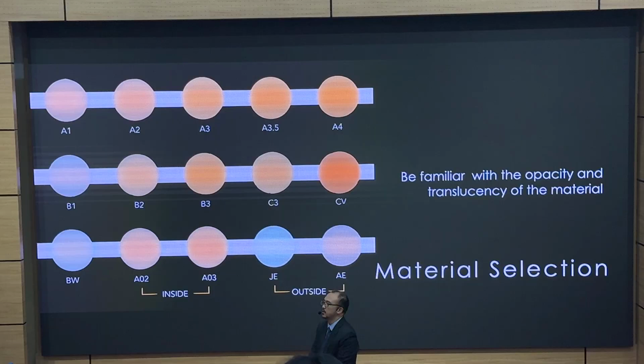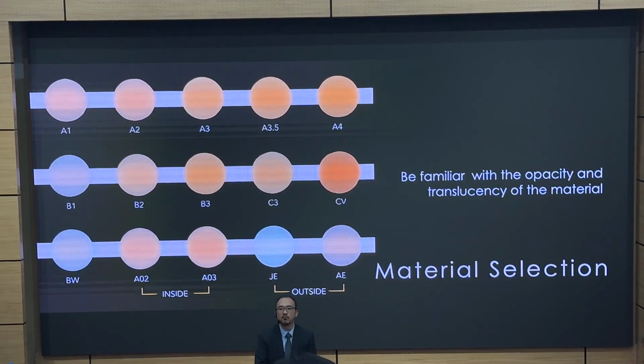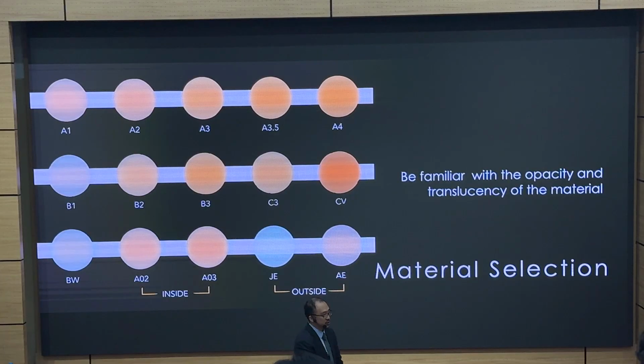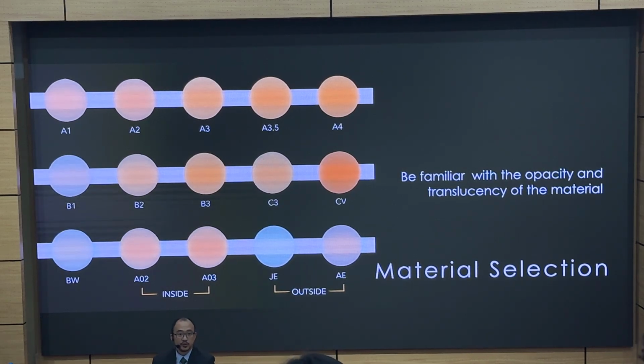So this is the system that we have, okay? So you have your A1, A2, A3, all the way to B1, B2, B3, which I almost never use. But there's also an inside shade or an opaque shade that's A02 or A03, and an outside shade that is JE and AE. So far so good?